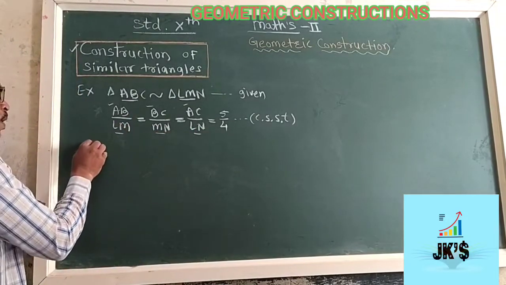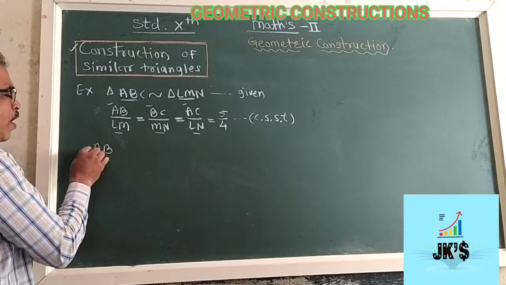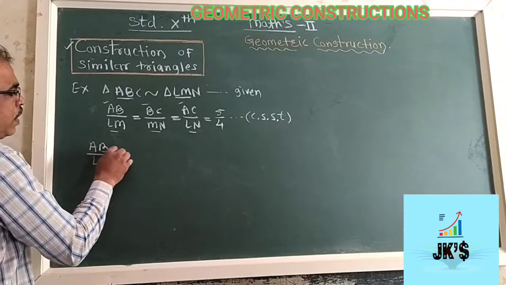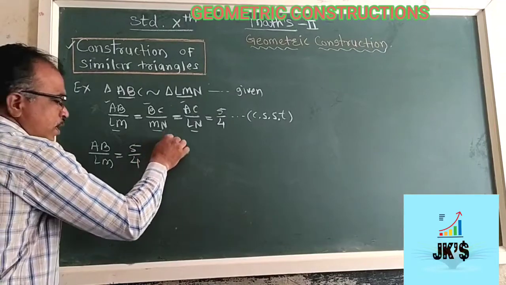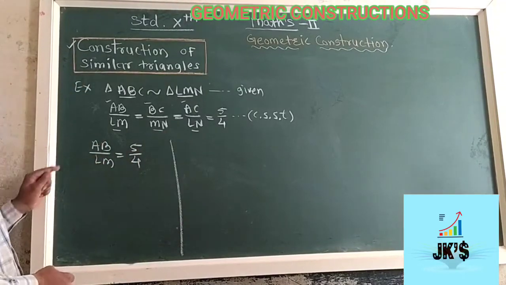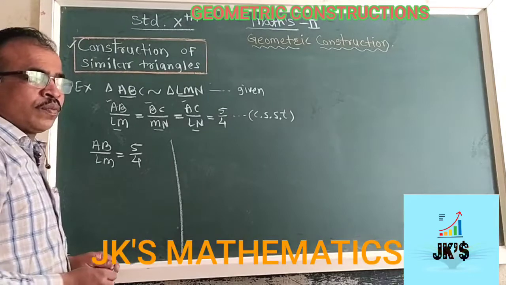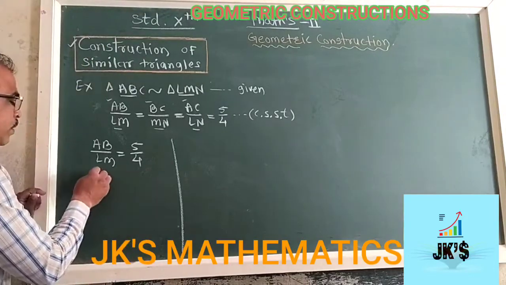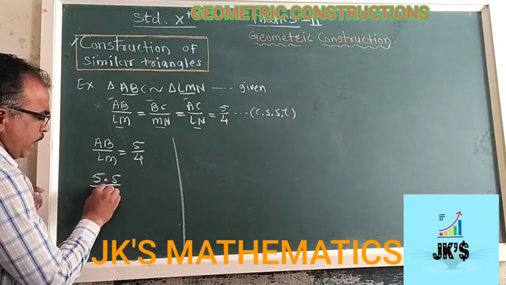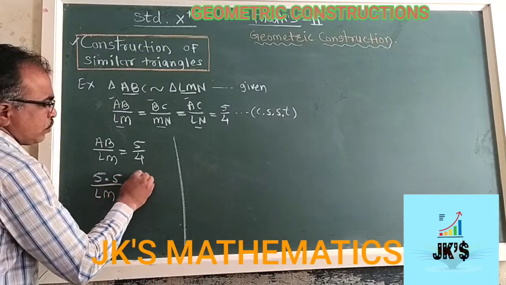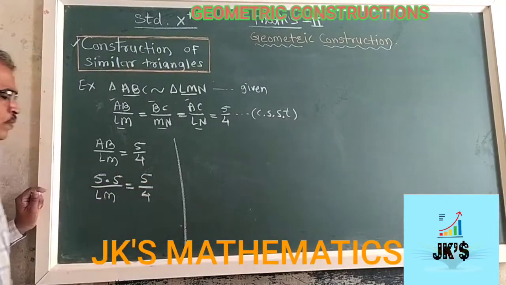So we take first AB upon LM equals 5 upon 4. AB is 5.5 centimeter, so 5.5 divided by LM equals 5 upon 4.